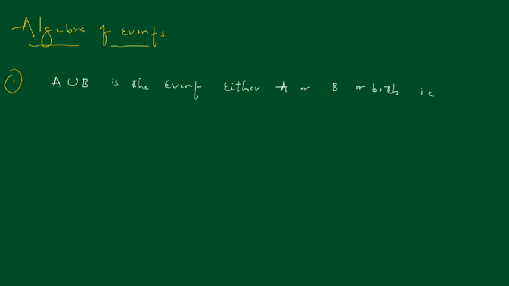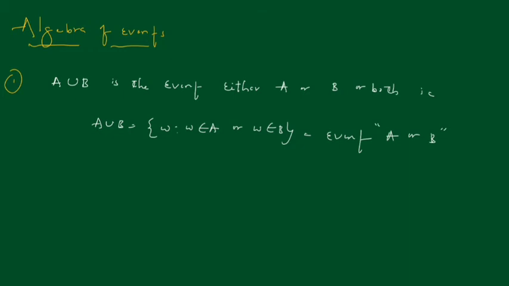That is A union B equals to omega such that omega belongs to A or omega belongs to B, which is nothing but event A or B. Event A or B algebra, that is union section. We are using sets here.